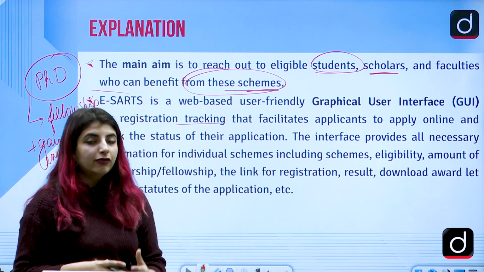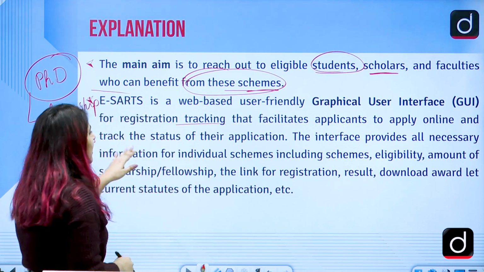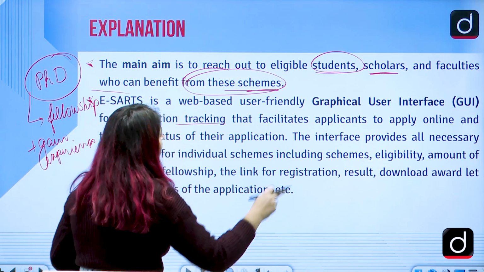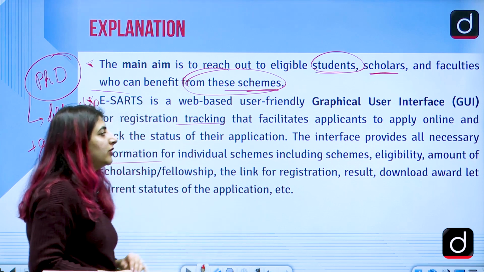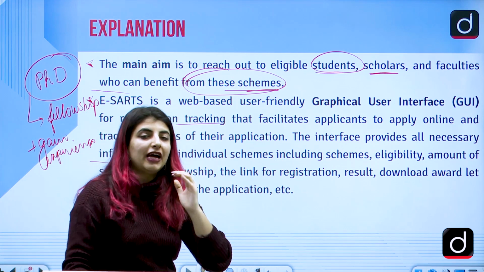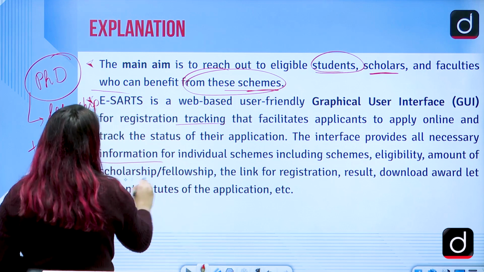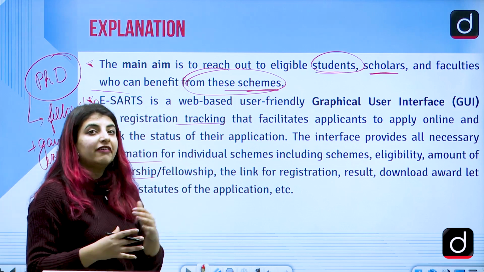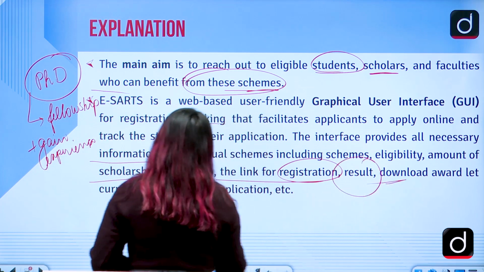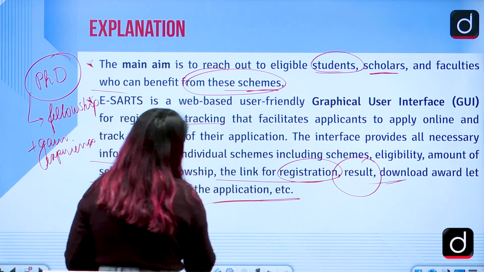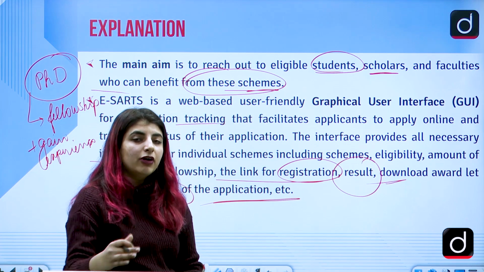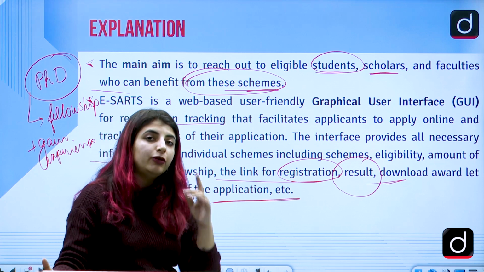So you can apply for the scholarships online and track the status of your application, that is, is it accepted, is it pending, is it still in process, etc. The interface provides all necessary information for individual schemes, including what the scheme is, what the eligibility is for you to apply for a scholarship or a fellowship, the amount of scholarship or fellowship they are giving, the link for registration, result download, etc., and the current status of the application. All the things are provided under one platform. So even if you want to apply at some point in your life for a scholarship, you know where to go.